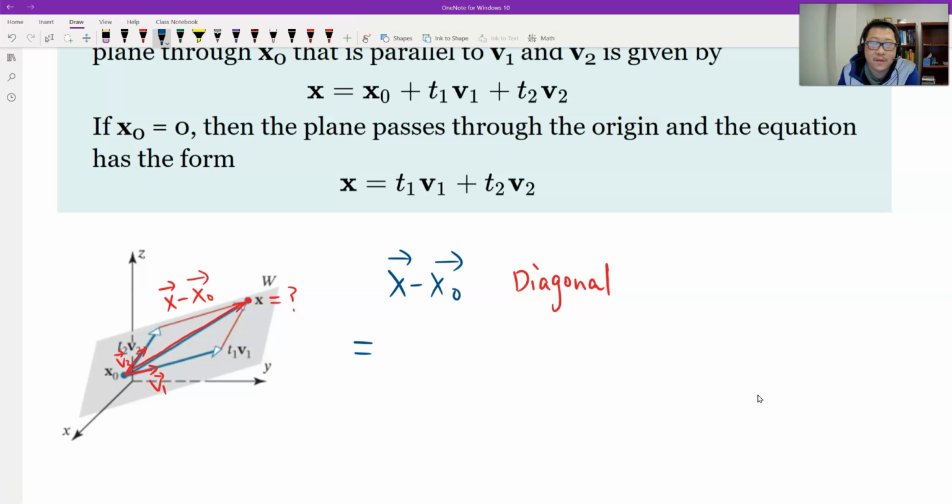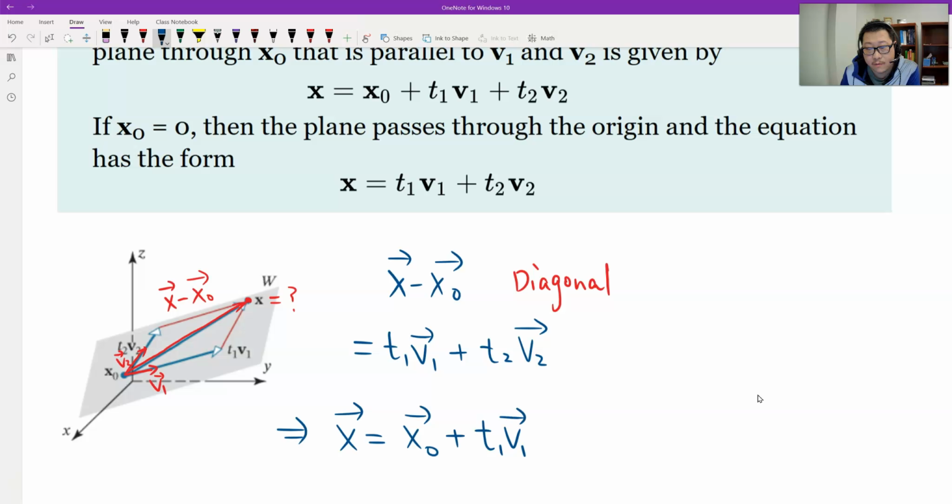By the definition of the sum, one is T1 V1, another is T2 V2. That's the equation. And easily solving the equation, we find that x should equal x0 plus T1 V1 plus T2 V2. See, and this is exactly the equation, right?